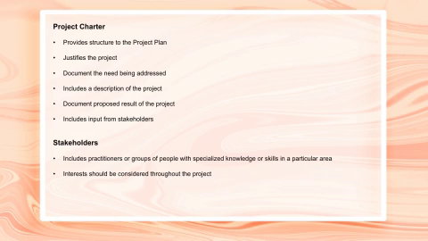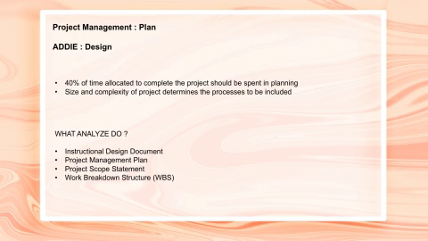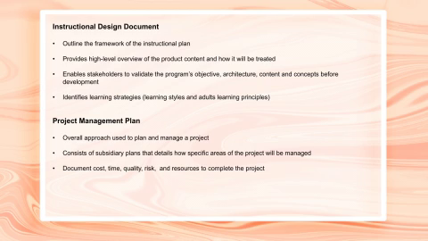And then the second phase is design. In project management, we call it plan. In this phase, 40% of the time allocated to complete the project should be spent in planning. Then the size and complexity of the project determine the processes to be included. In this phase, the instructional design document outline is created as the framework of the instructional plan.